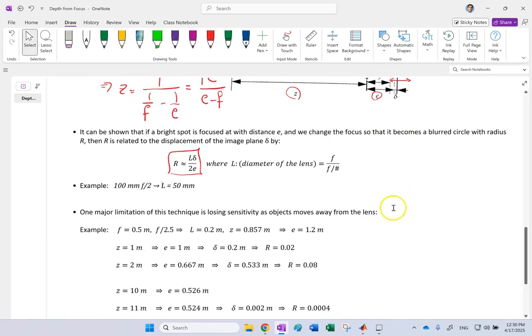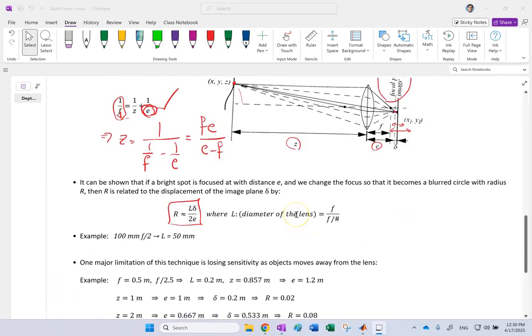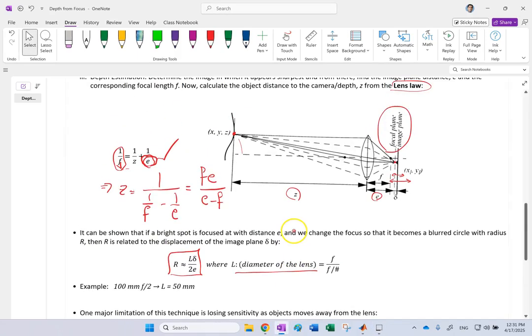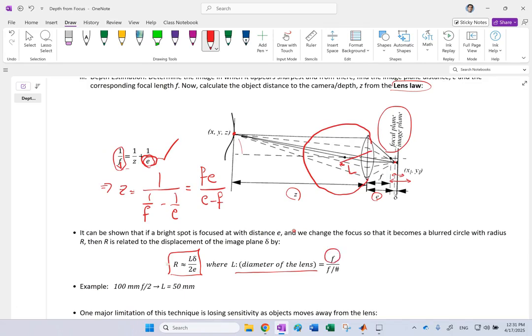And what is delta? What is L in this case? So in this case, L is the diameter of the lens. So if this lens, as we know, is coming from a spherical surface, then this diameter here is L. Now, how would you find the diameter? Diameter of a lens equals its focal length divided by something we call the focal length number or focal number.